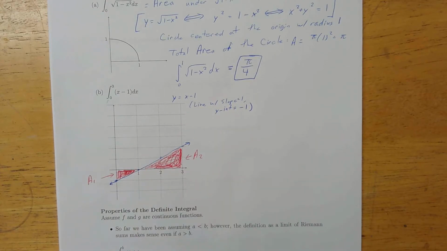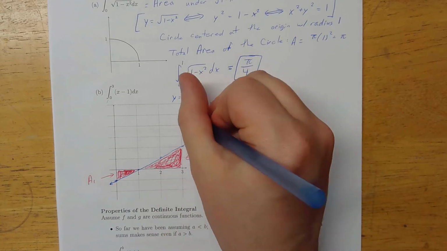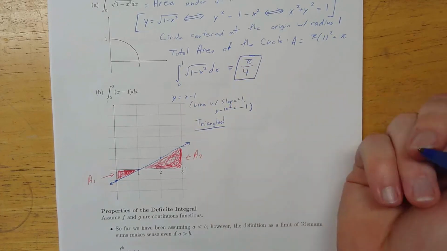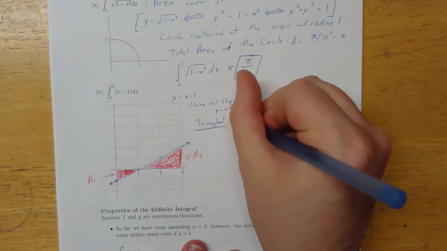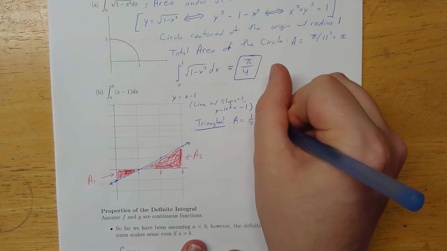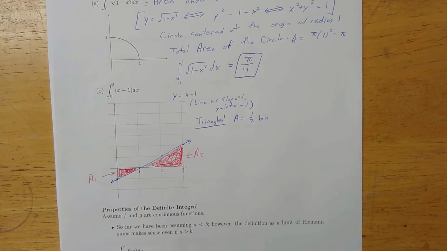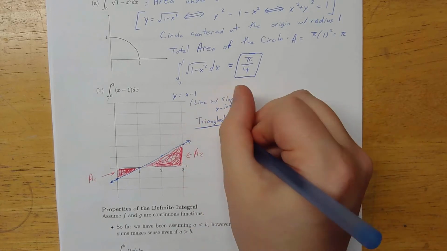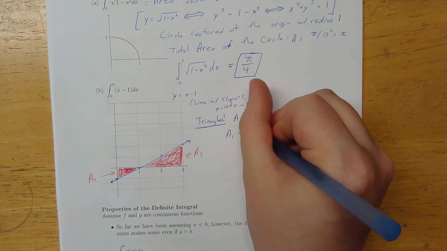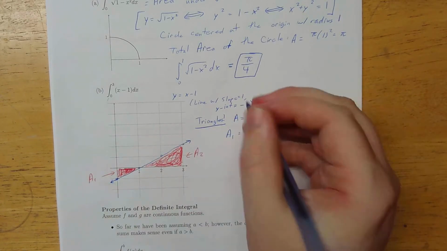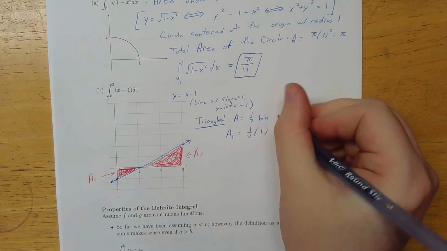And so what you might notice about both of these is that they're triangles. And that's exciting because we know how to find the area of a triangle. The area of a triangle is 1/2 base times height. So that means we just need to figure out how wide each triangle is and how tall it is, and then we can figure it out. So for a1, this will be 1/2 times, looks like it has a height of 1 and a width of 1.